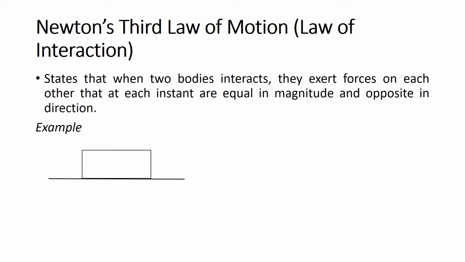But I will not discuss sending rockets to outer space. Our focus now is just to define and give you a simple understanding of what the law of interaction really is. The law of interaction states that when two bodies interact, they exert forces on each other that at each instant are equal in magnitude and opposite in direction.